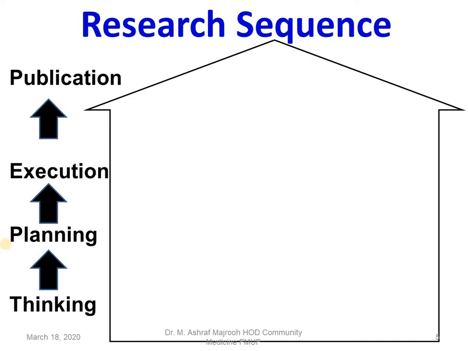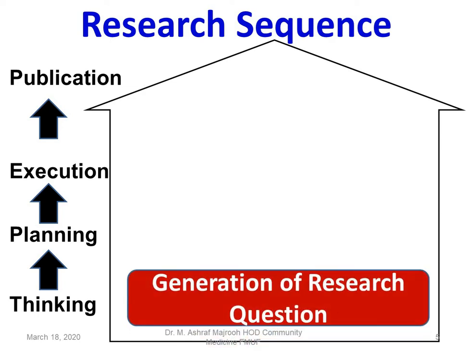Then you plan how you will do this research work, plan the methodology and data collection, then execute that plan and operationalize that research plan, and then ultimately you generate the publication. So when you think, you are actually generating a research question. So the first thing required in the research sequence is the generation of a research question.